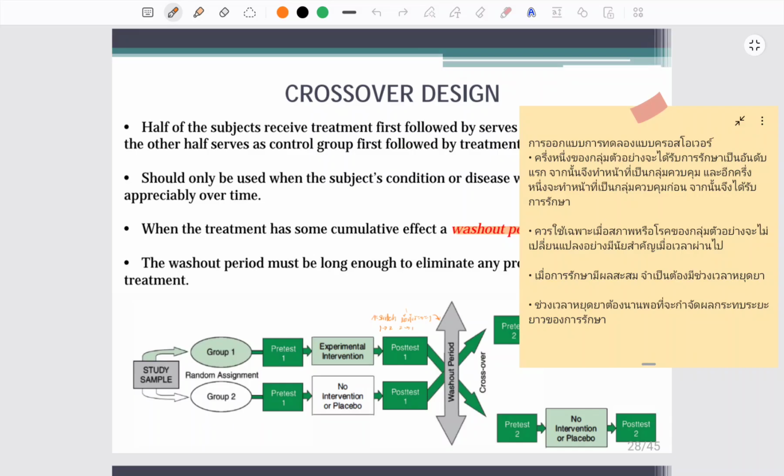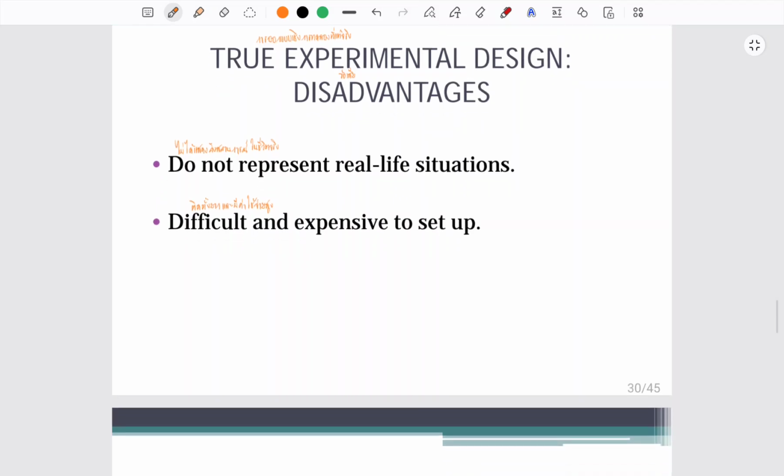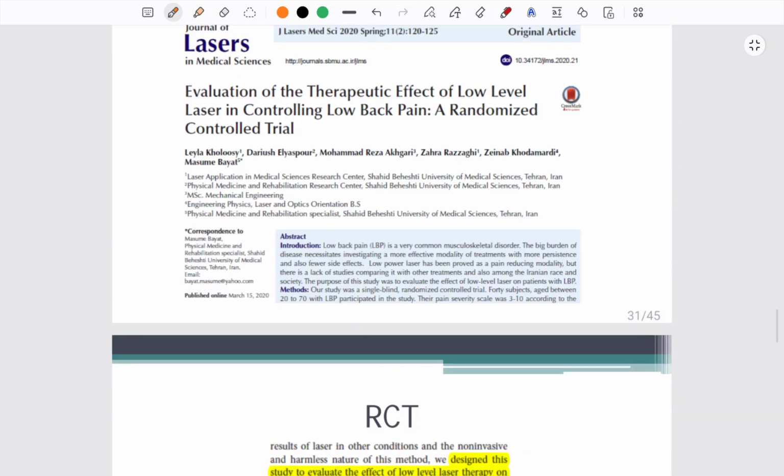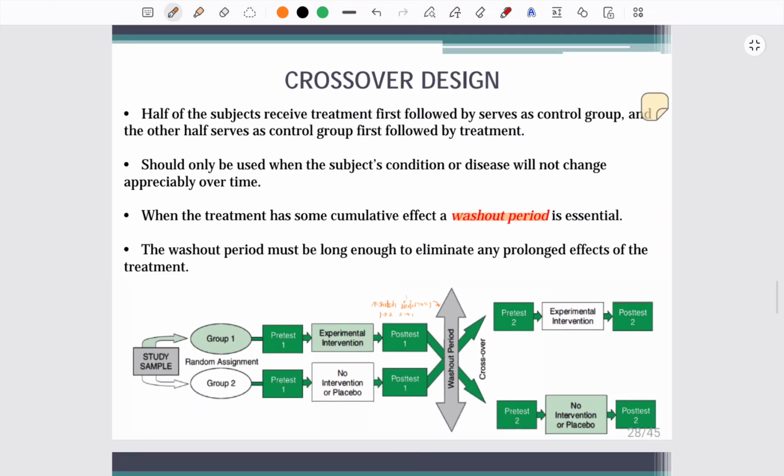The effect is about double the treatment time. Like if I give 4 weeks of TMS, the effect lasts at least 4 weeks after that. So it means that you have to allow at least 4 weeks of washout period before you start the second round of the treatment.